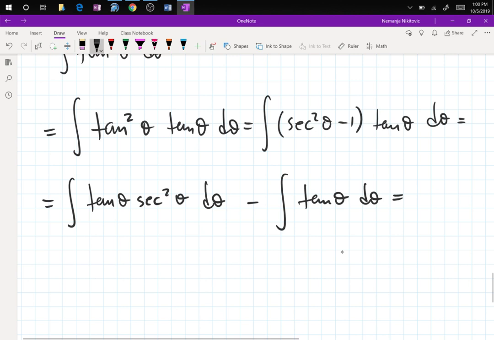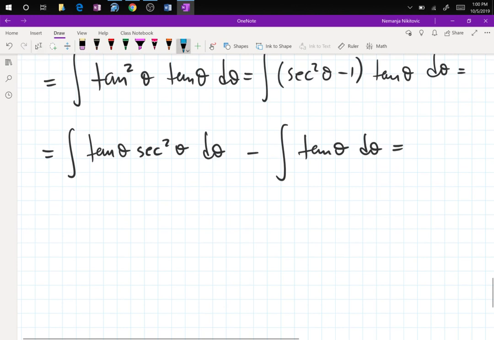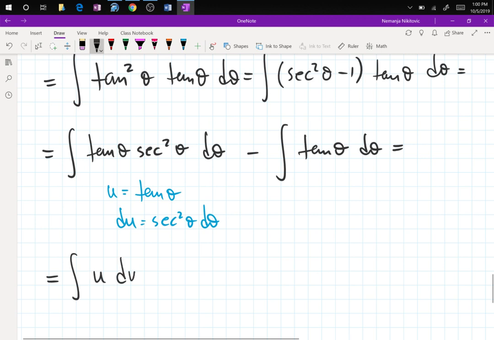We have our u sub now for the first integral, where u is equal to tangent theta, du equals secant squared theta d theta. So the first integral is nice and simple, u du. Awesome.